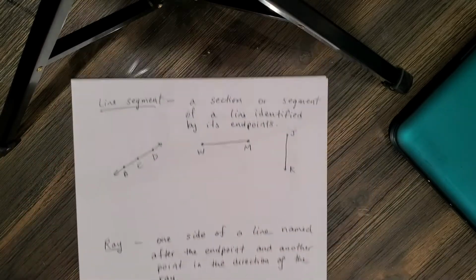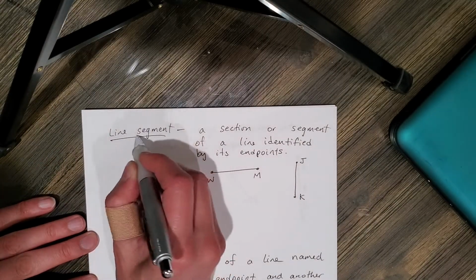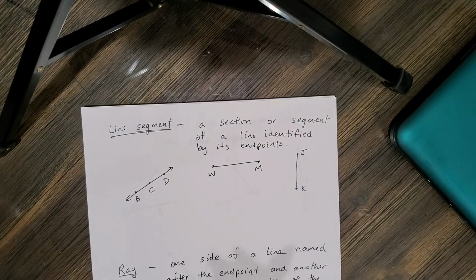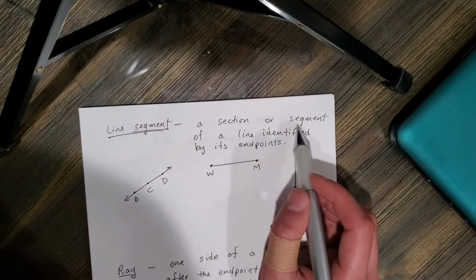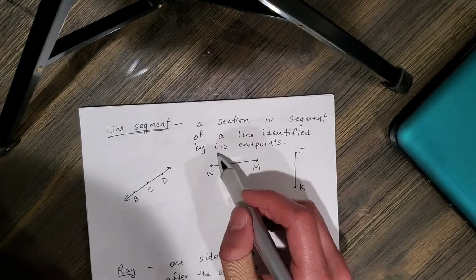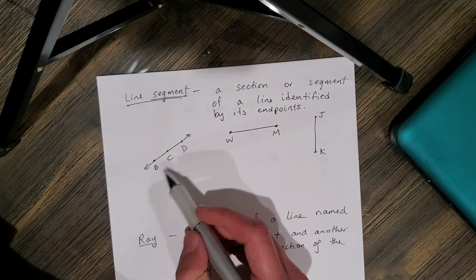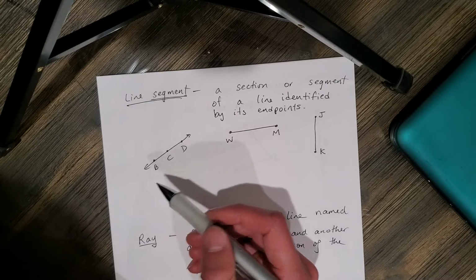Moving on, we get into line segment. Now a segment, by definition, means a section, or a piece of it. So a line segment is a section or segment of a line identified by its endpoints. Notice here I have a line, right? Because it has the arrowheads on the ends.